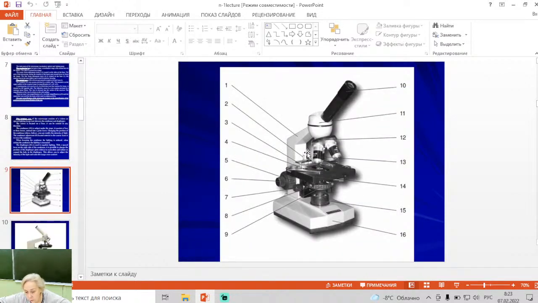You can see also the revolver with lens and ocular on the tube. Here is the condenser lamp, number 15, and the condenser knob, number 7.